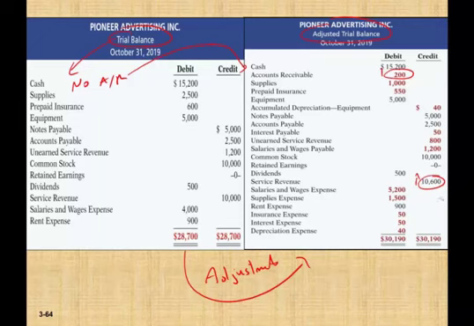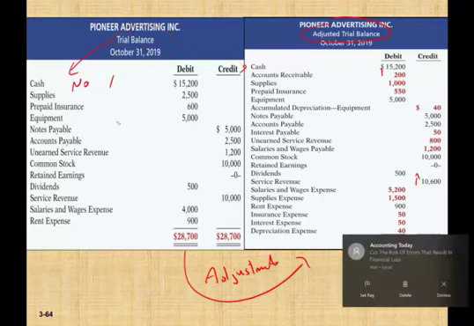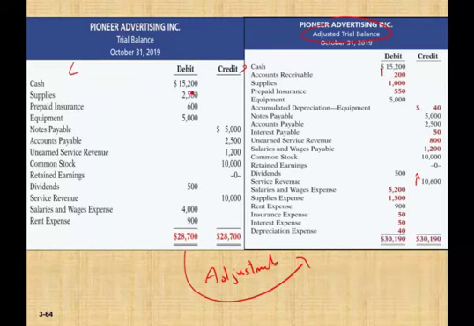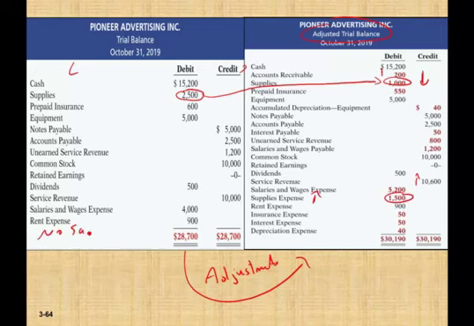Now let's take a look at supplies. I'm just going to look at two more accounts. Supplies was 2,500. Supplies became 1,000. So supplies went down by 1,500 and supplies expense went up by 1,500. Notice there was no supplies expense here. We did not even have any supplies expense.